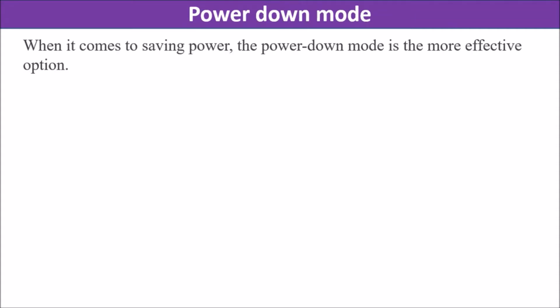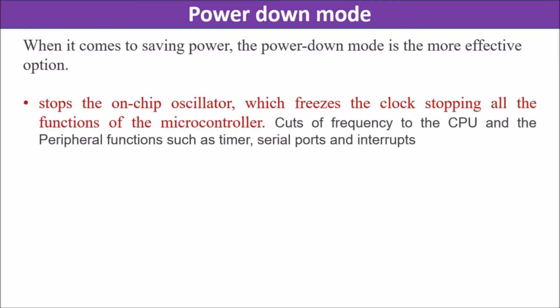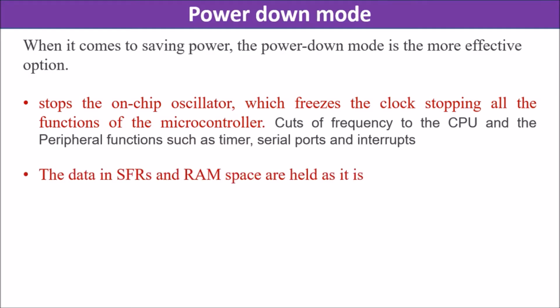When power down mode is used in 8051, it stops the on-chip oscillator, which freezes the clock, stopping all the functions of the microcontroller. That means it cuts off the frequency to the CPU and peripheral functions. Peripheral functions such as timer, serial port, and interrupts will all be stopped in this power down mode.